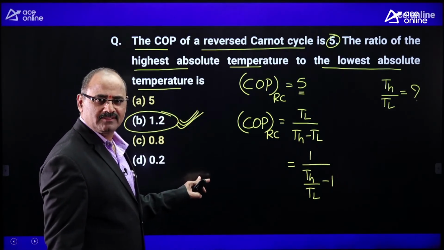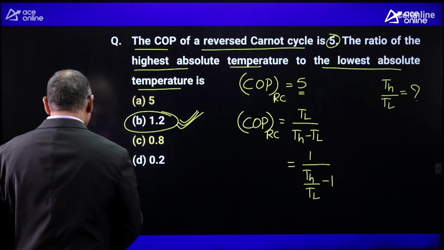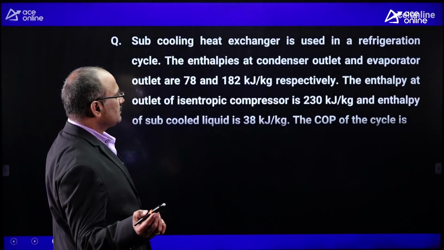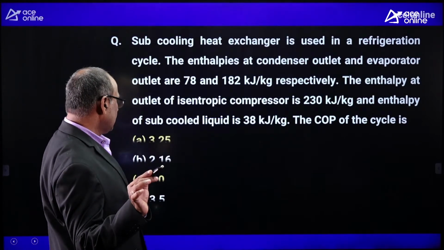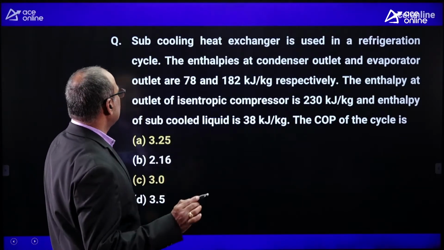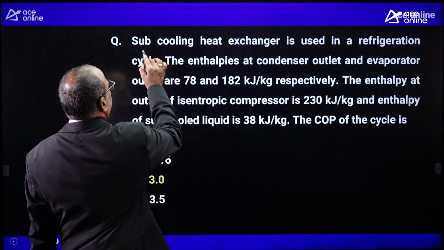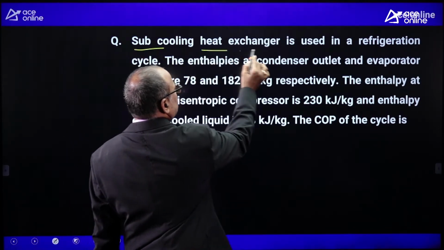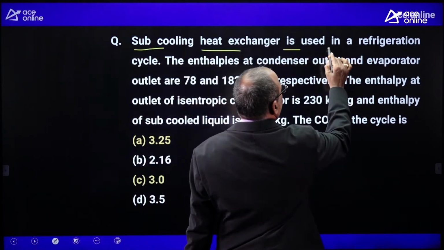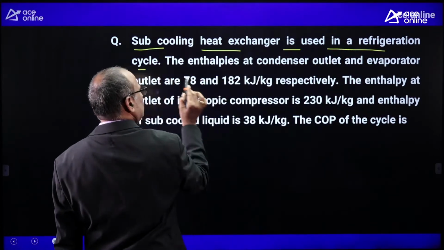Are you following? Yes. Similarly, look at another important question. Try to read it. It is looking like a very big question. Subcooling heat exchanger is used in a refrigeration cycle.